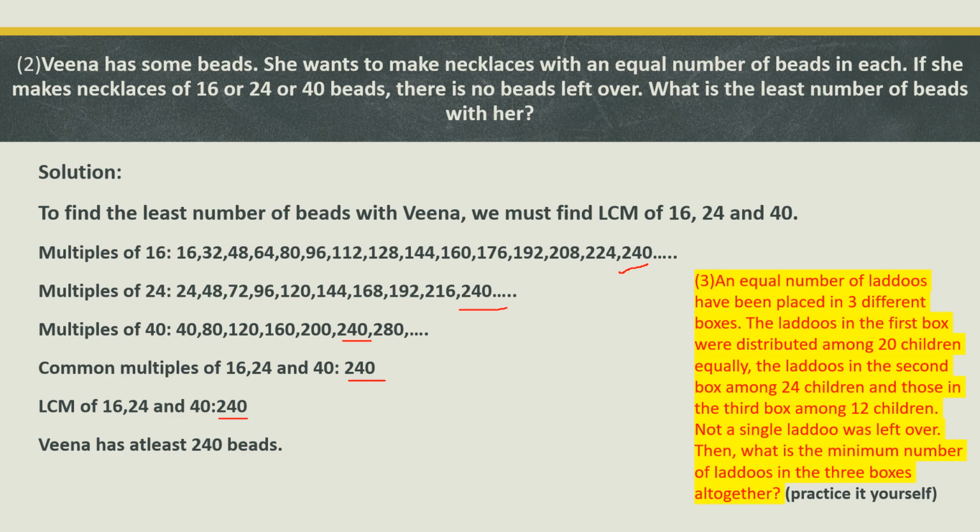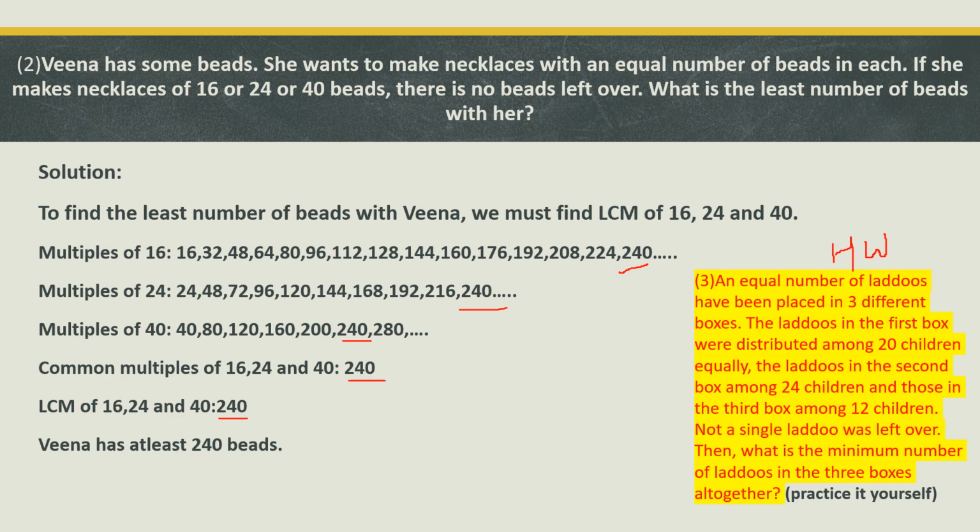Now this question given here is for your homework, that is to practice. So what is the question? An equal number of laddus have been placed in 3 different boxes. The laddus in the first box are to be distributed among 20 children, the laddus in the second among 24 children, and the laddus in the third among 12 children.